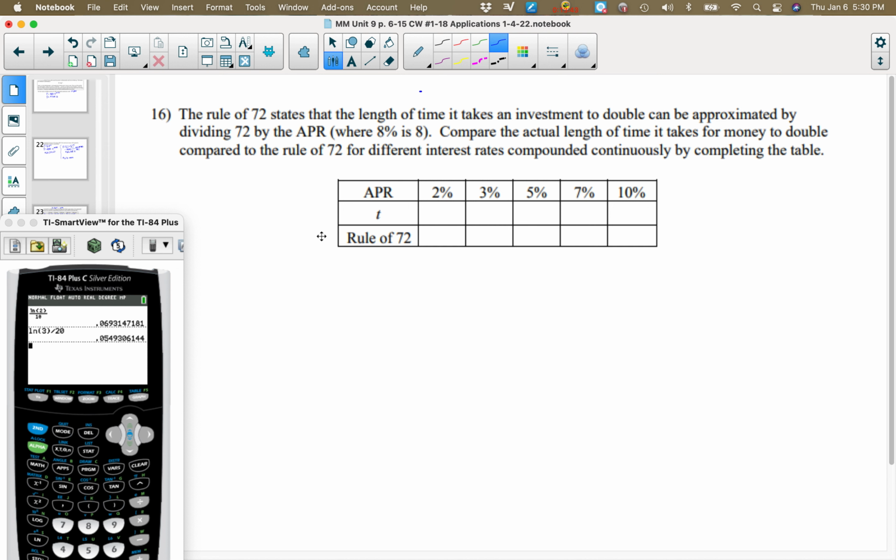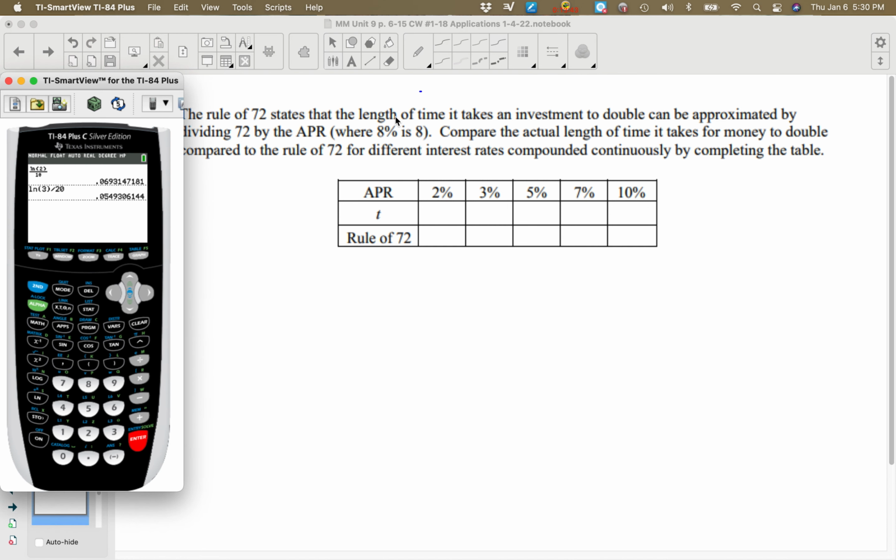So the rule of 72 part is going to be easy because we're just going to divide 72 by the APR. So like here, I would take 72 divided by 2, which obviously I wouldn't need a calculator for, and we get 36. So this would say it would take about 36 years approximately if you wanted to double your money.